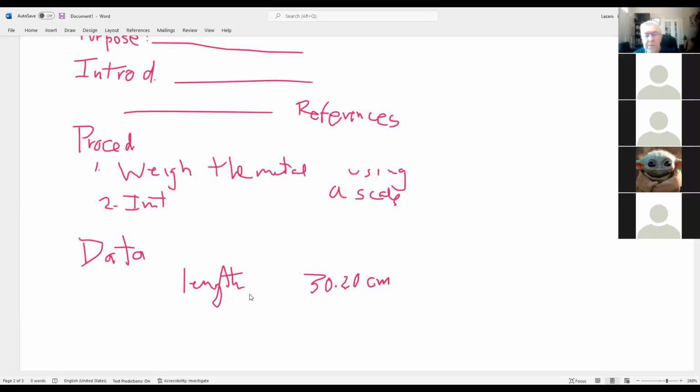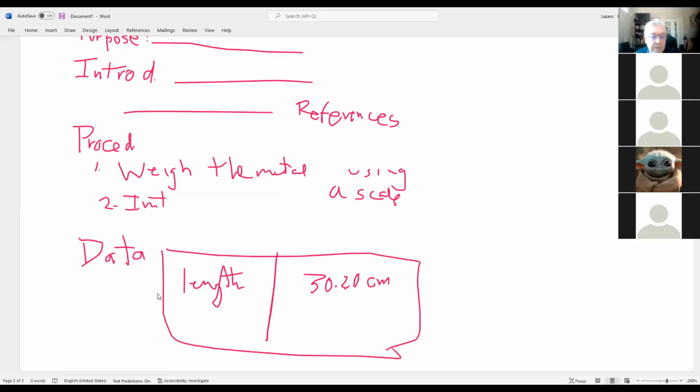This is the length of the pencil. Then you can make a table with these results. Or in the case of the following week, that is the density, you can say density is mass over volume. You do the calculation and you say, oh, the density is 2.0 grams per milliliter or per cubic centimeter.